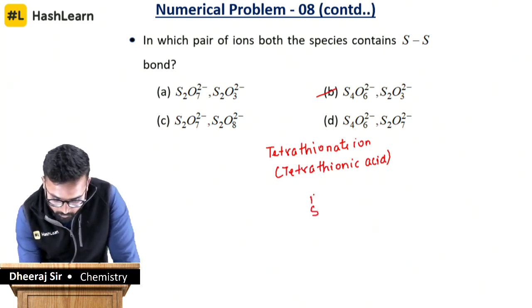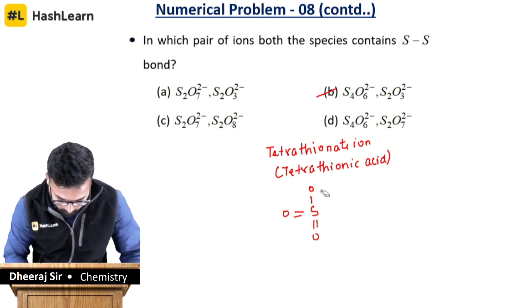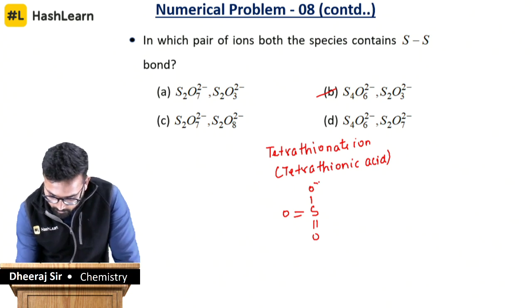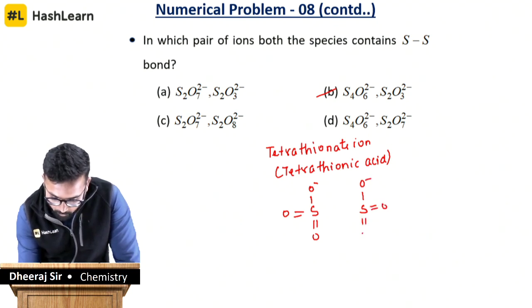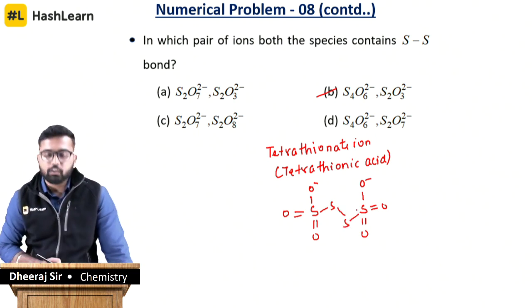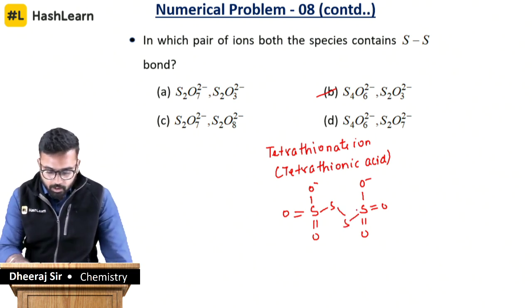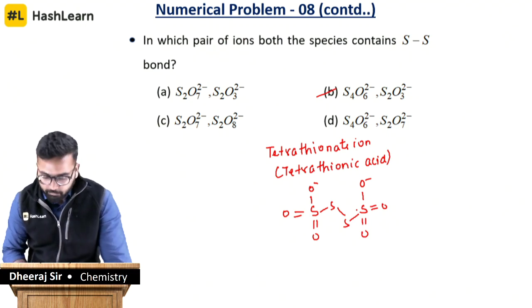Sulfur will be available in its oxidation state, O minus, and you'll have another sulfur, S double bond O, O minus, and you'll have S. This is how the structure looks for the first species of option B, tetrathionate ion. And the second one is pretty straightforward. That's thiosulfate ion.